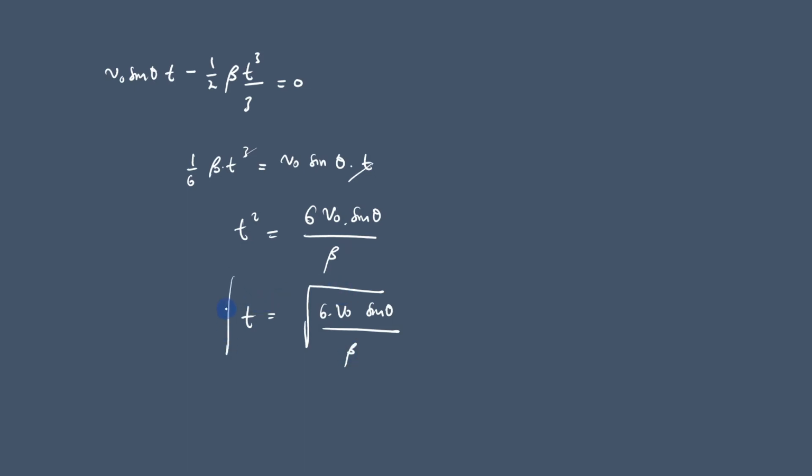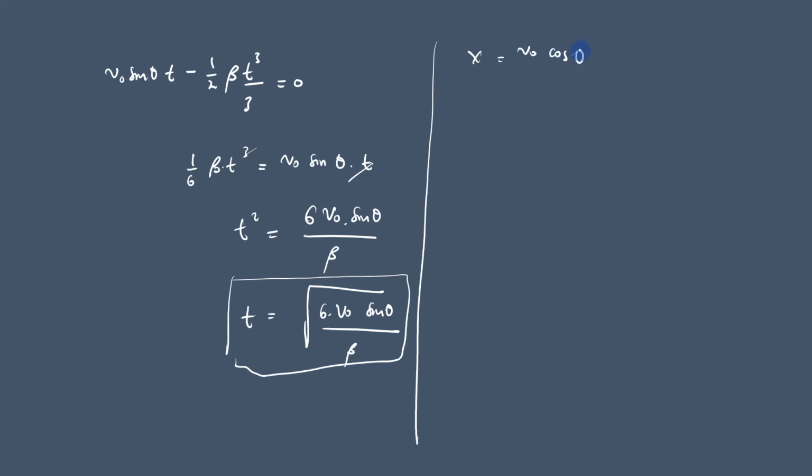Okay, we get the time like this. Therefore the final x value is x equals Vo cos theta times t. Of course this is a constant velocity, so there is no acceleration in this equation, and we get x equals Vo cos theta times the square root of 6 Vo sine theta divided by beta.